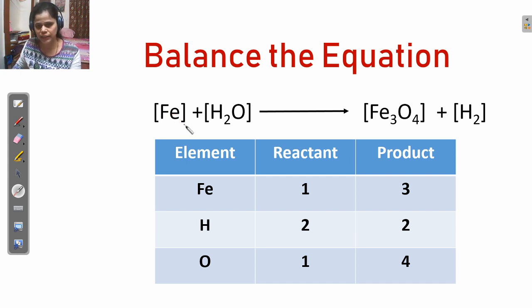The left hand side elements are the reactants and these elements are the products. Okay, it's clear, students? So the number of atoms in the reactant side is 1. So write down here 1. And then in the product side Fe3, that means the number of atoms of Fe equals 3. So write down here 3.